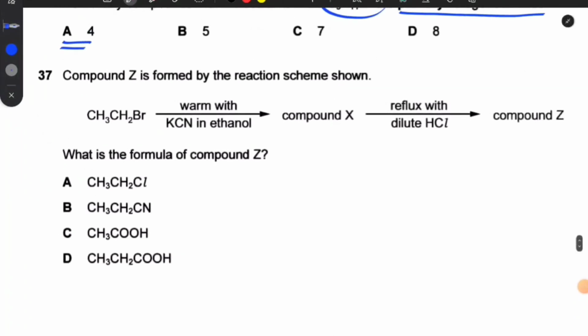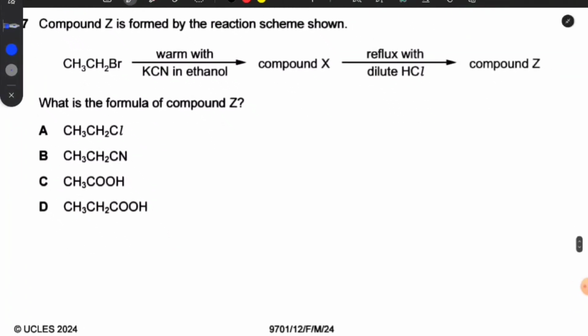Question number 37. Compound Z is formed by the reaction scheme shown. This is our compound, which is ethyl bromide, and we are warming it with potassium cyanide. So there is a reaction between this reagent, potassium cyanide, and this reactant at high temperature.